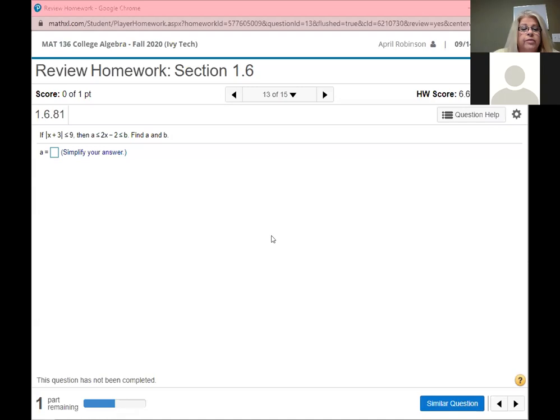Okay, so if the square root f of x is then A and B. Okay. Well, that's weird.